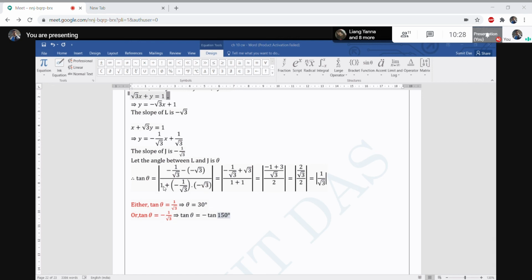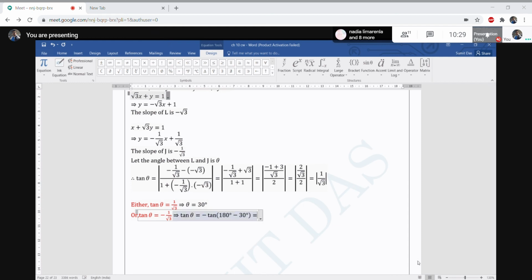Okay, minus tan 150 degrees. Yeah, 2 pi minus theta. So you can write like this: 180 minus 30 degrees, 180 minus 30, yeah.